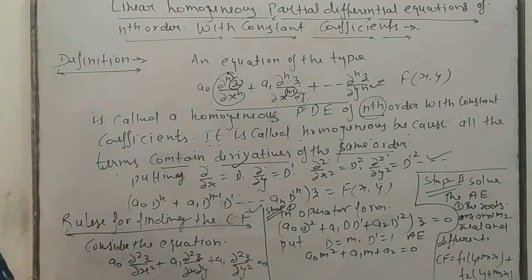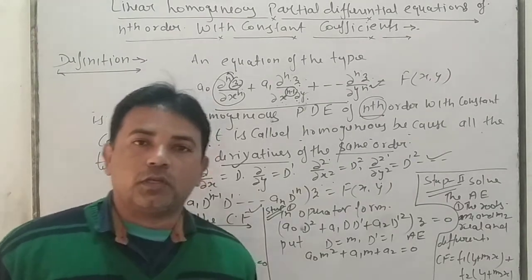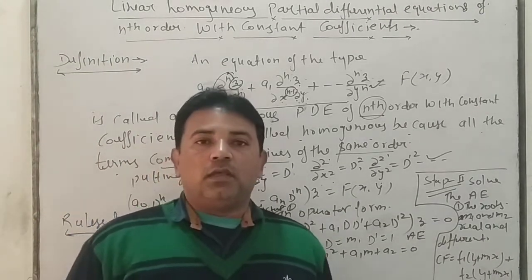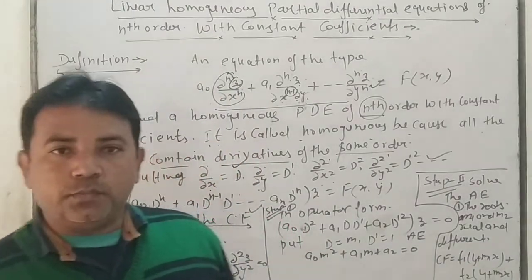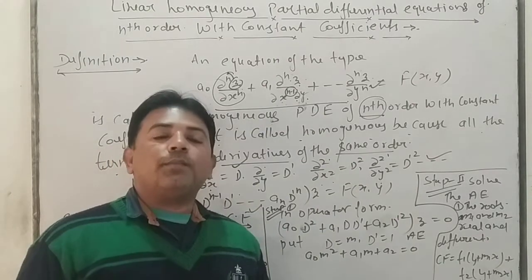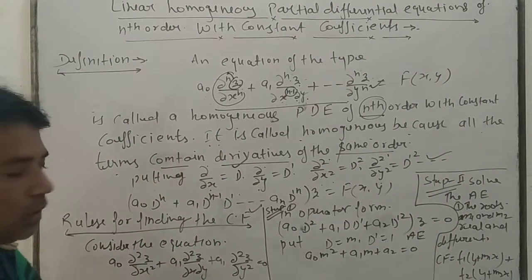You know from previous units the complete solution of a normal differential equation, which we discussed in a previous video. I again request you to see my previous video on the complete solution.